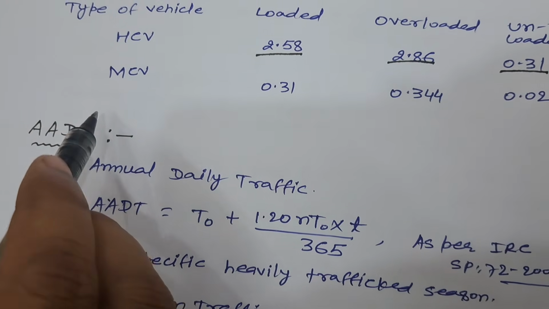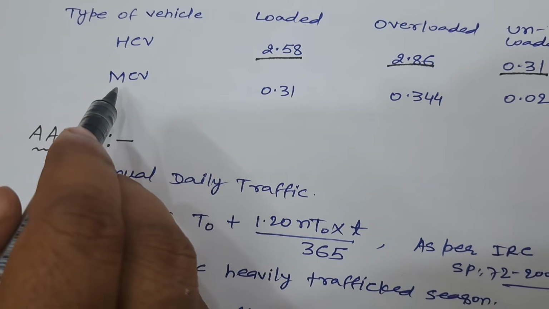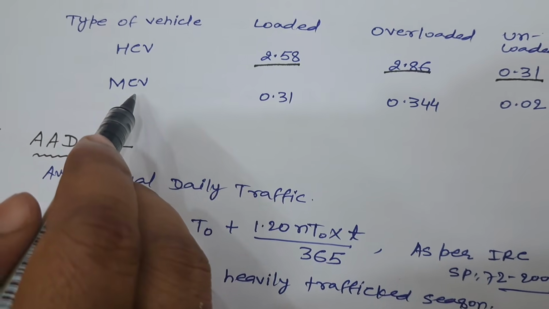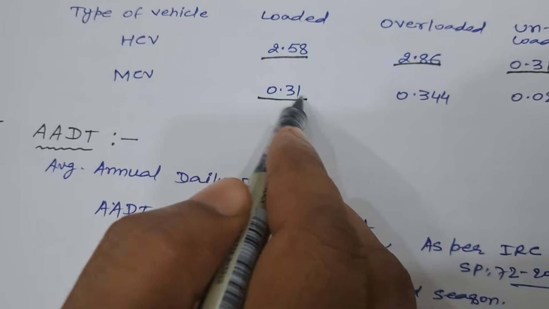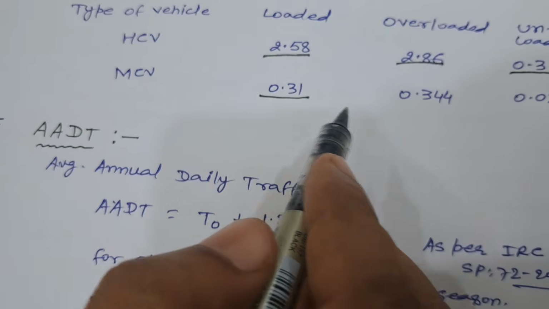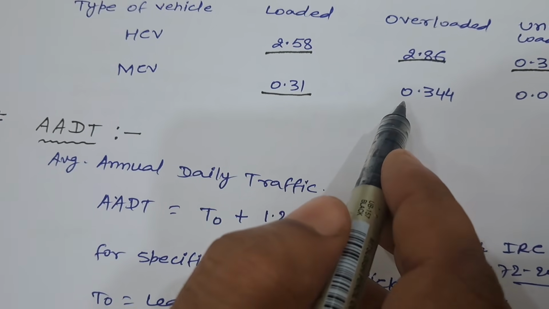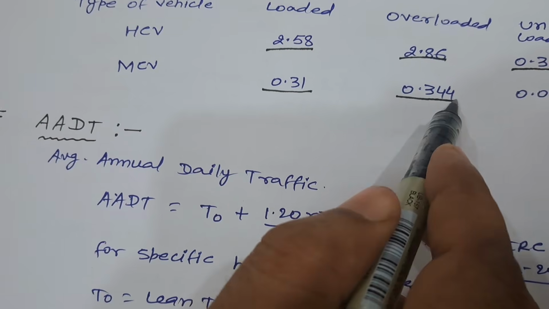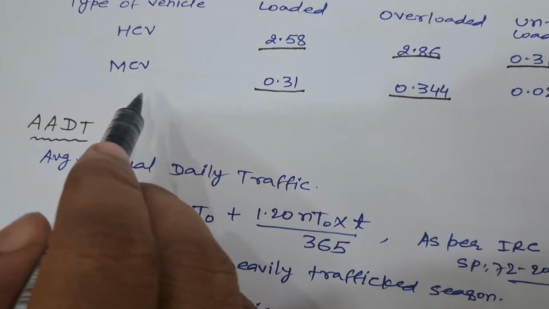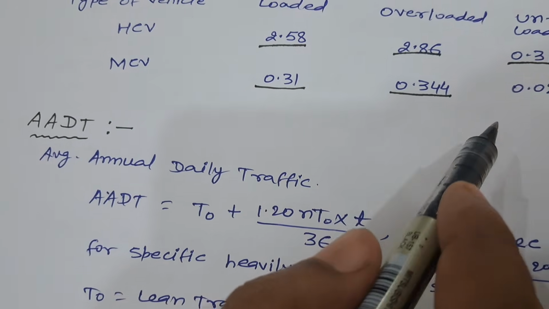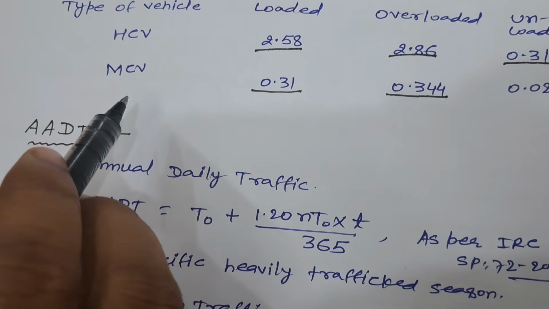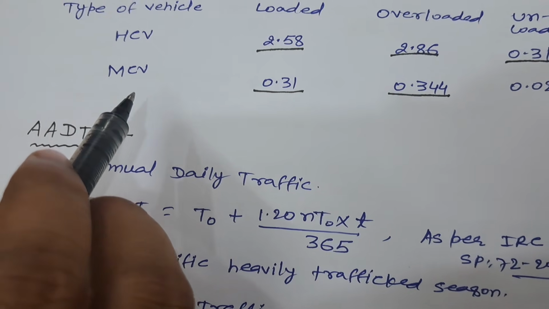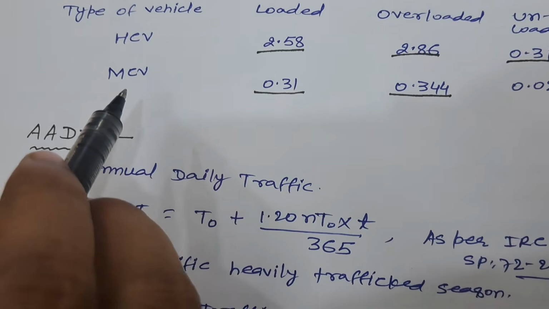In similar way, MCV, medium commercial vehicles in loaded condition, VDF will be 0.31 per vehicle. For overloaded vehicle, VDF will be 0.344 per vehicle, and for MCV unloaded condition 0.02. So we will use this table directly to design flexible pavement.